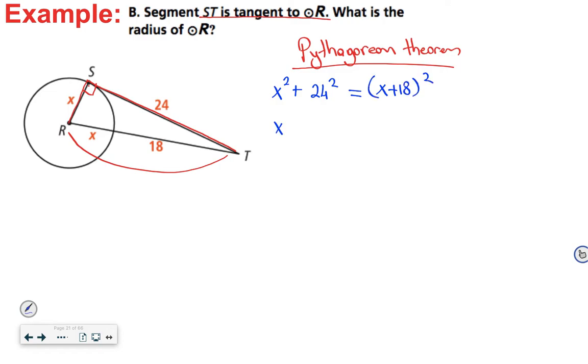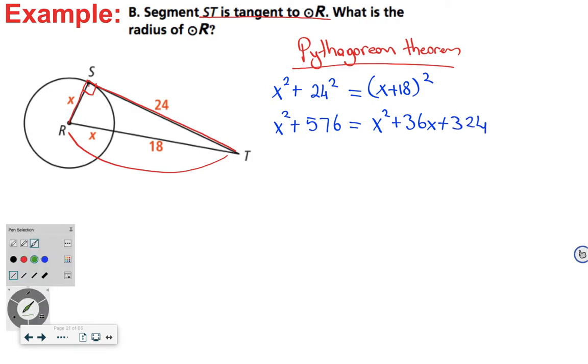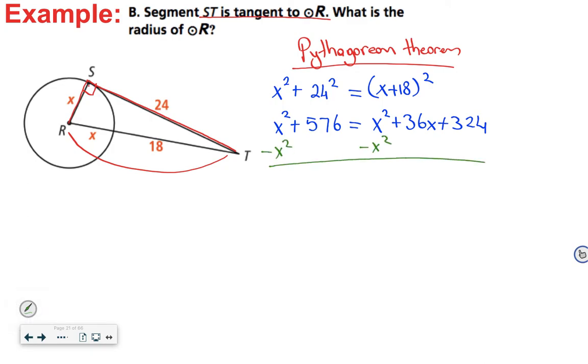X squared plus 24 squared, 24 squared is 576, is equal to, you can get the square of this sum, which is x squared plus 36x plus 18 squared, which is 324. If we subtract x squared from both sides, you will get that 576 will be equal to 36x plus 324.